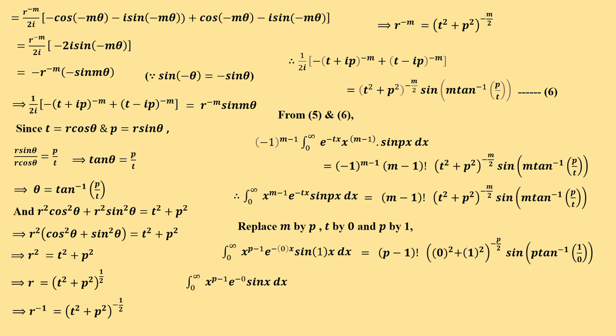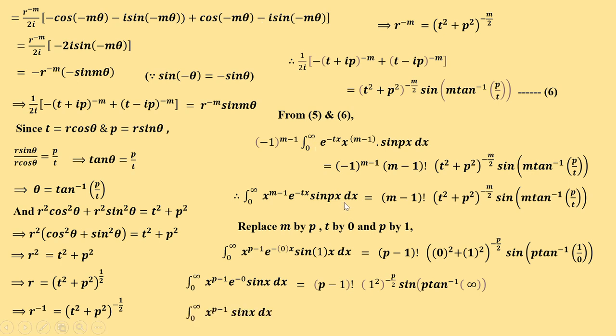So integral 0 to infinity x power p minus 1 e power minus 0 sin x dx is equal to (p-1) factorial (1 square) power minus p by 2 sin(p tan inverse of 1 by 0), and 1 by 0 is infinite. Right?